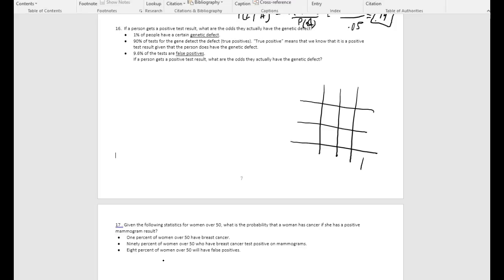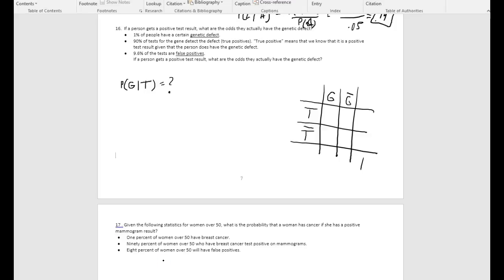Negative test result would be not T. And let's just write down the question they're asking us right off the bat. Given that they have a positive test result, what are the odds they actually have a genetic defect? So then we'll just say G. So this is the question. Then we can have G and not G.